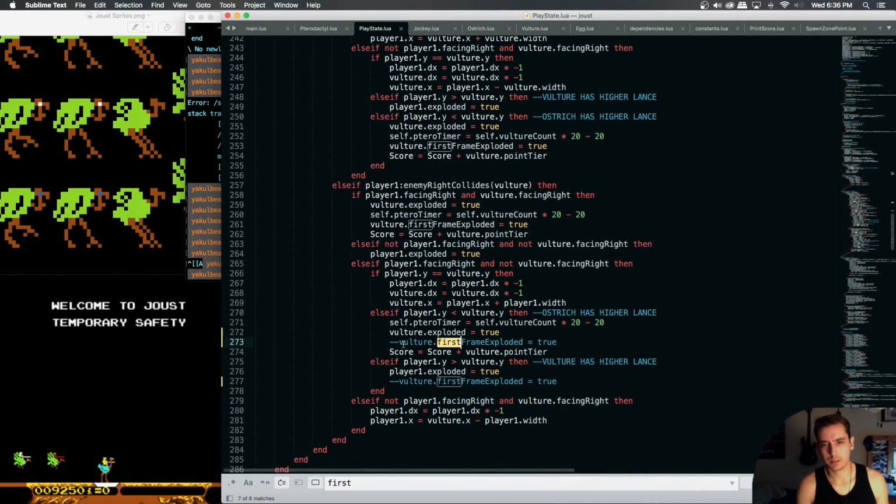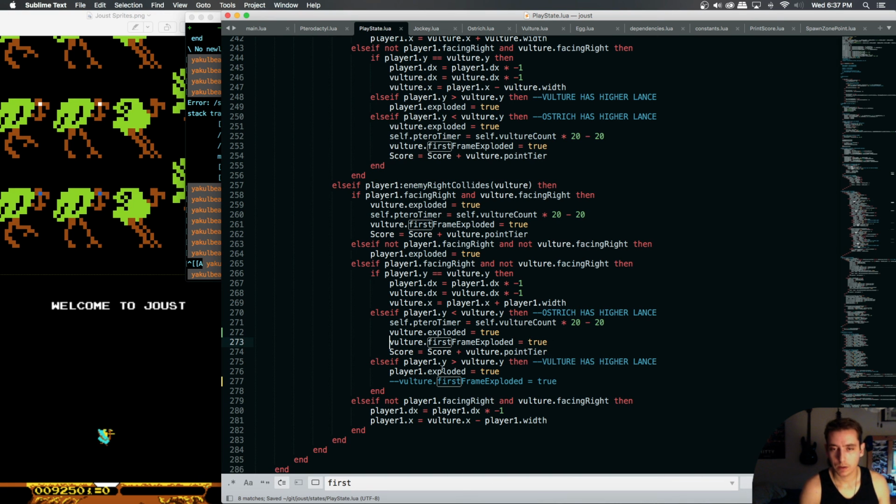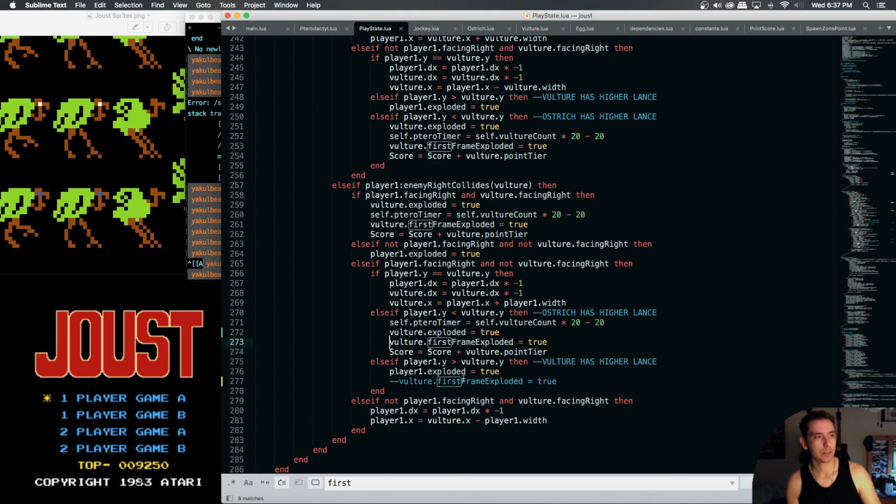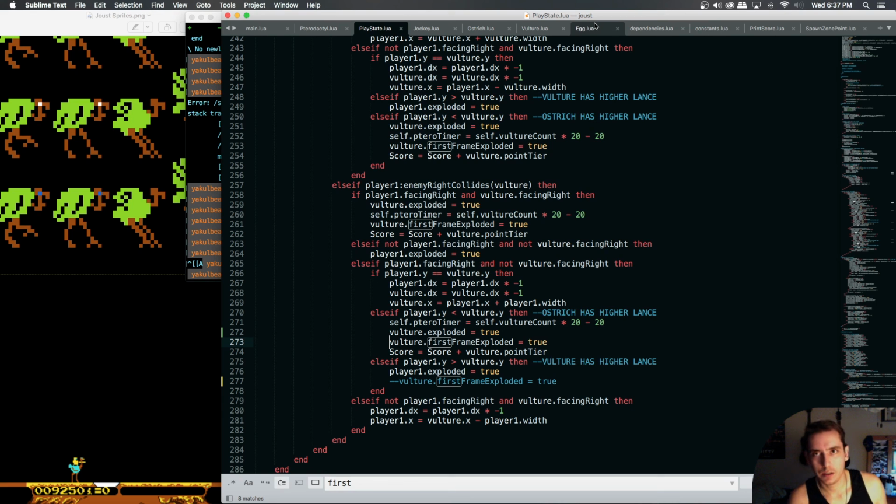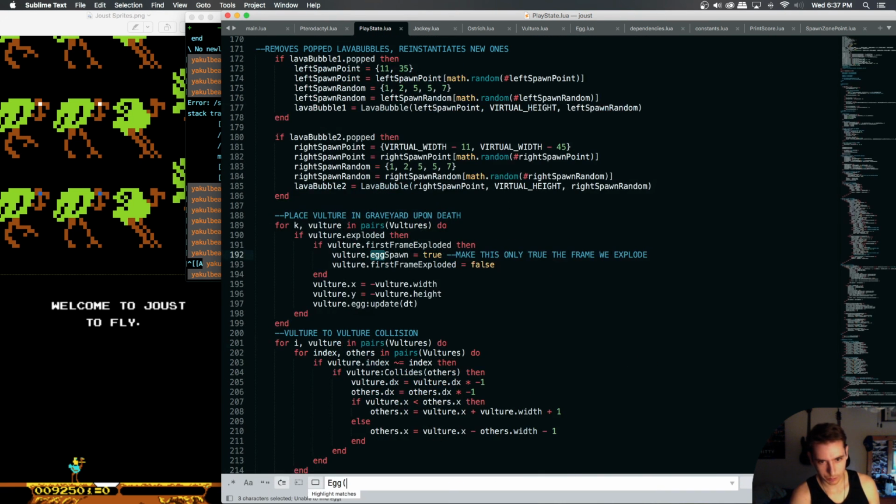I'm not gonna figure this out right now, man. If the ostrich has a higher lance, we should spawn an egg. But we need to troubleshoot why an egg's coming from the gods, because an egg should never come from anywhere other than the exact place where that vulture died. Because eggs are instantiated at the last X and Y of a given vulture.